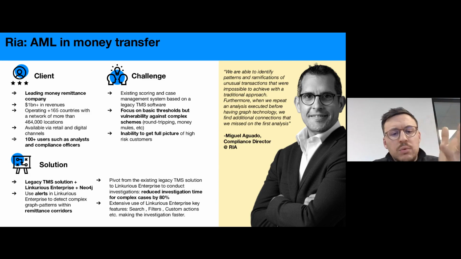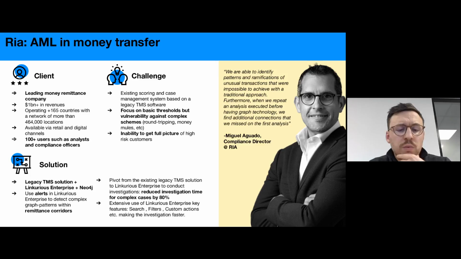And they were unable to get the full picture of high-risk customers, meaning that they get a match or an alert on the fact that a specific transaction is suspicious, but they weren't confident that they were catching the full context and all the stakeholders involved in that specific transaction. So the idea is that they pivot from the existing legacy TMS solution to Linkurious Enterprise to conduct investigation.